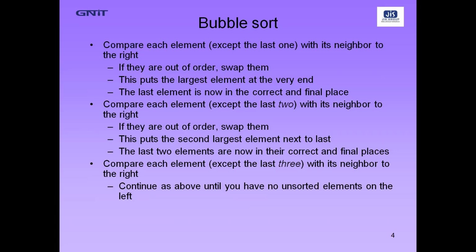Then compare P2 with P3 and arrange such that P2 is less than P3, and so on. Finally, we arrange P of n minus 1 and P of n. This step involves n minus 1 comparisons, during which the largest element bubbles up to its final position. That is the main reason it is called bubble sort.